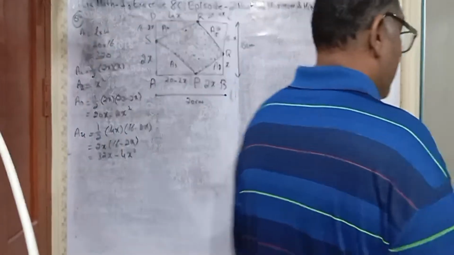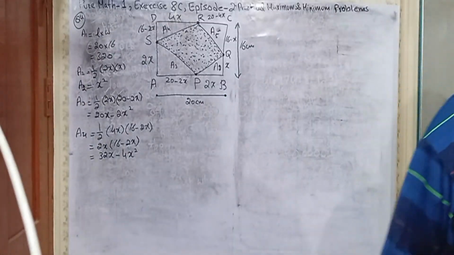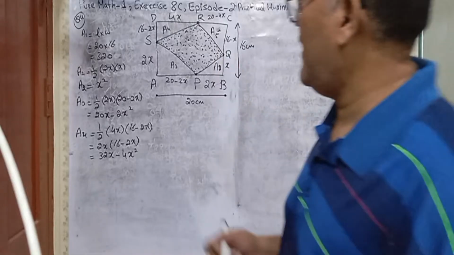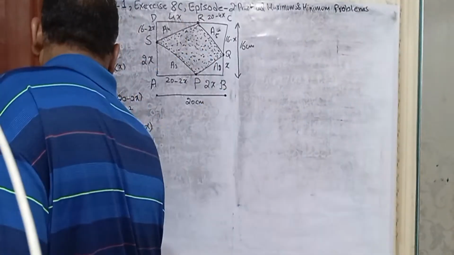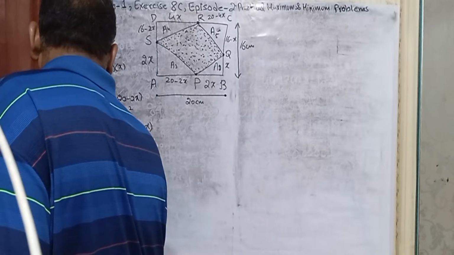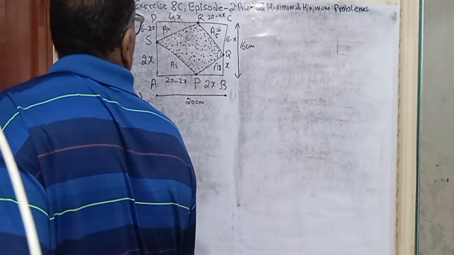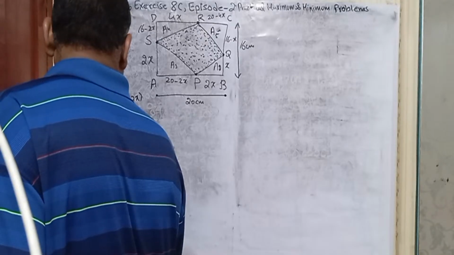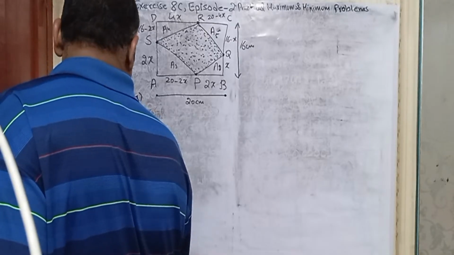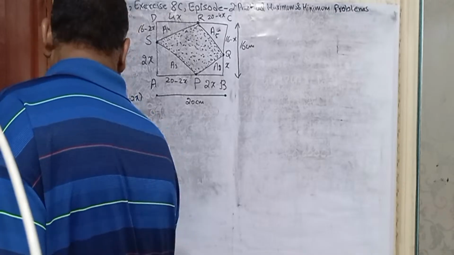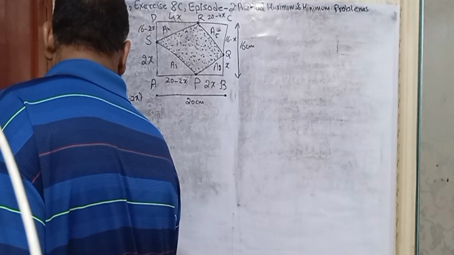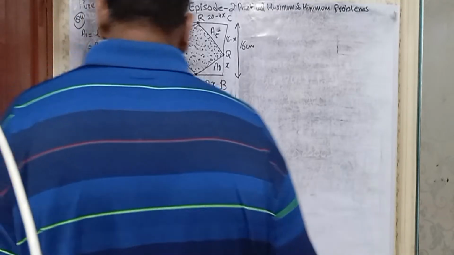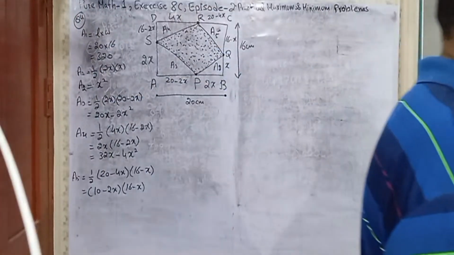Then I will find the area 5. Area 5 is also a right angle triangle, and the area 5 will be equals to 1 by 2 into the 16 minus x minus 4x into 16 minus x. Okay, so this will be 10 minus 2x into 16 minus x. Okay, so I can further simplify this.